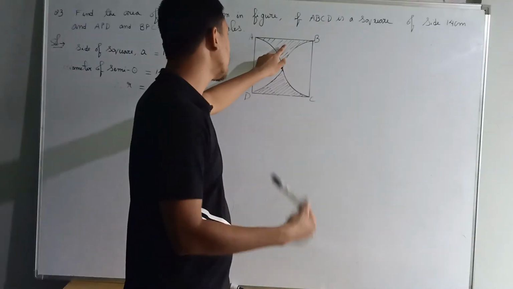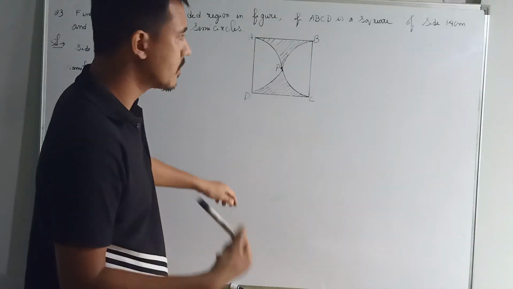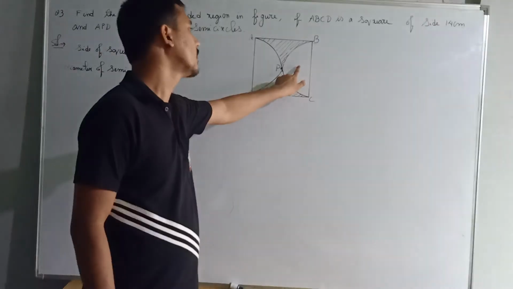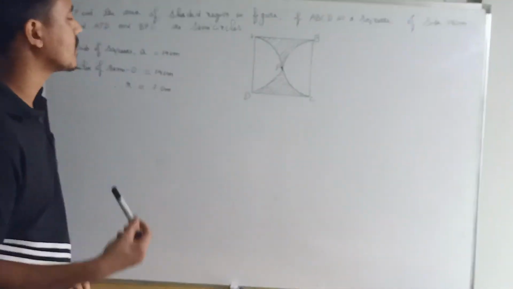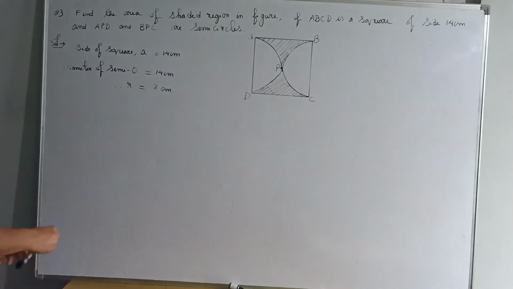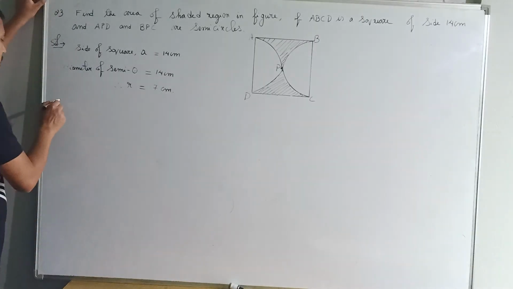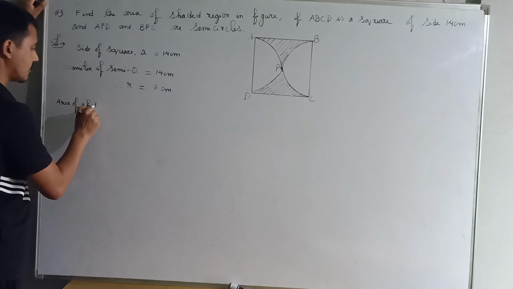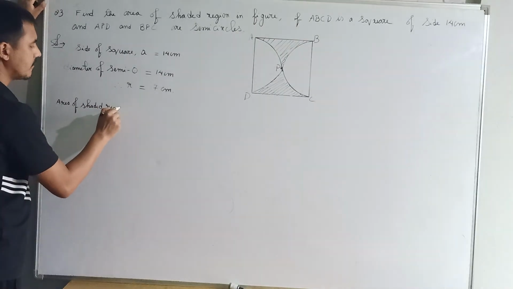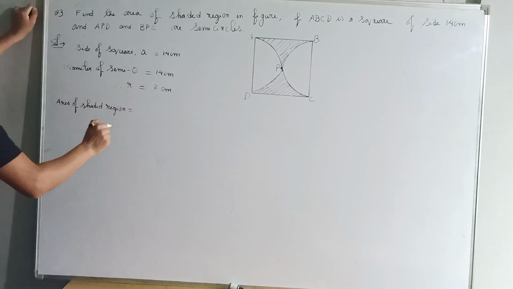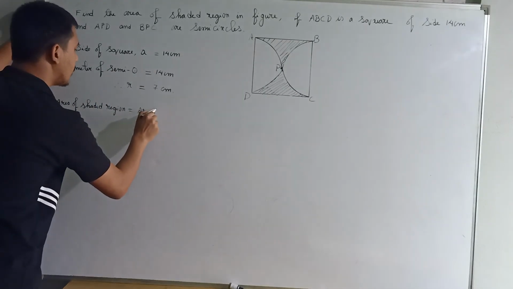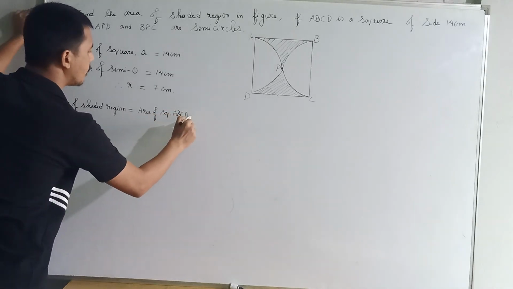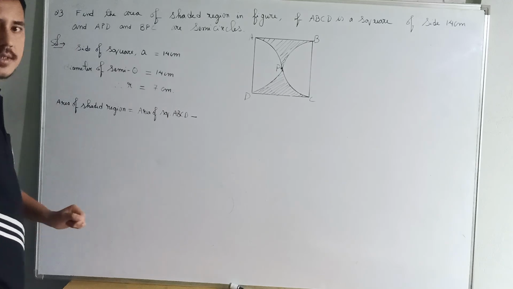So in order to find out the shaded region, what we have to do is, from the area of square, we subtract the two semicircles, that is APD and BPC. So area of shaded region will be given by, from the area of square ABCD minus area of two semicircles.